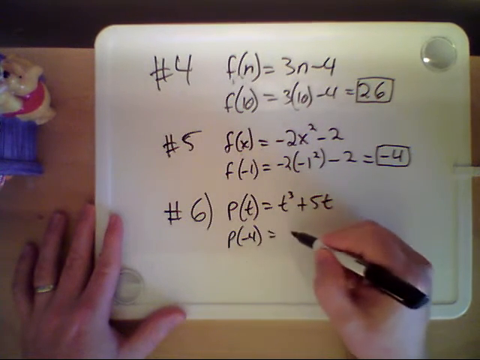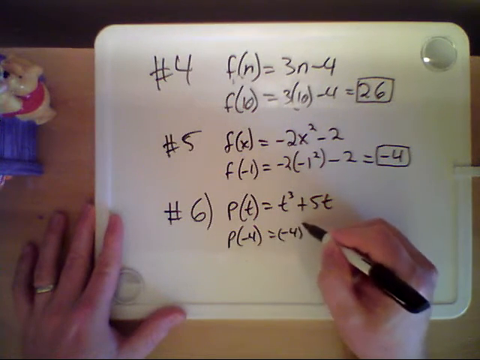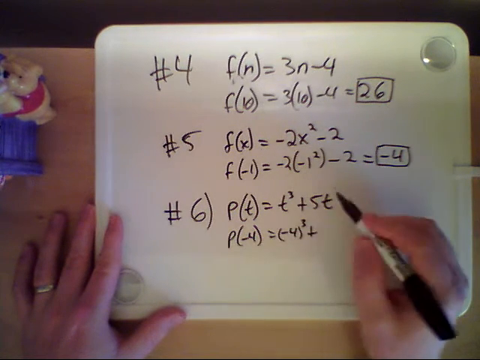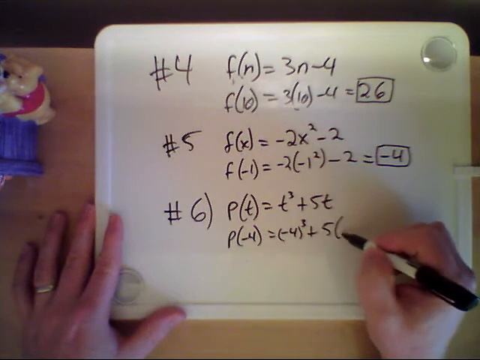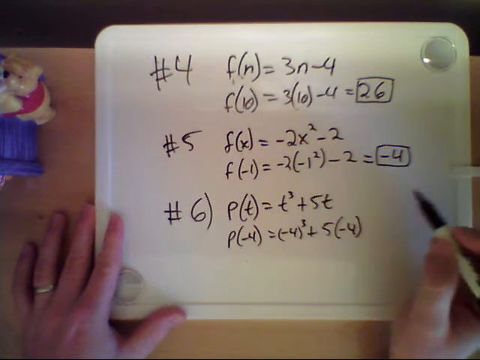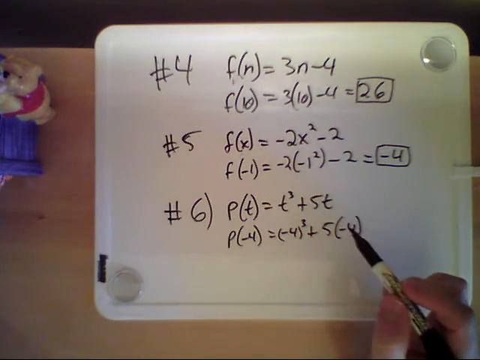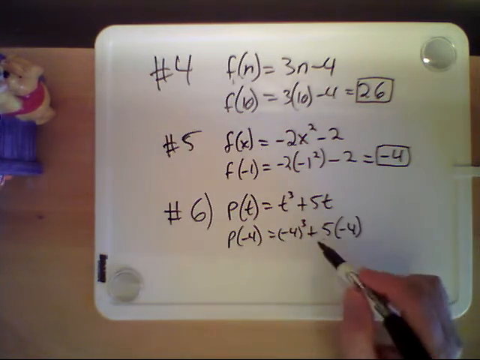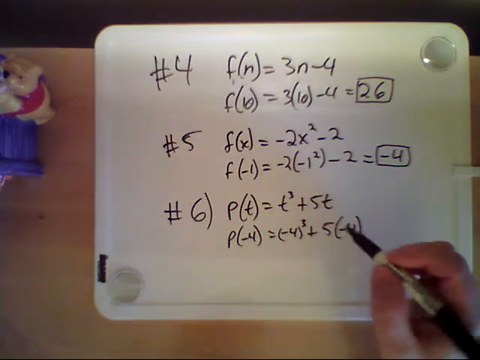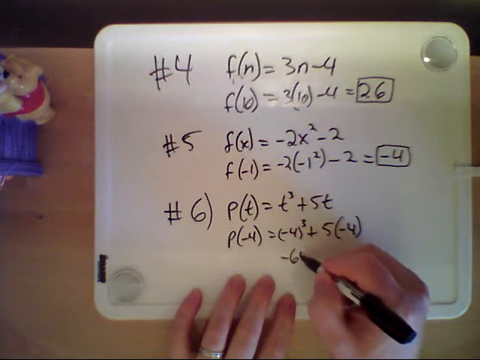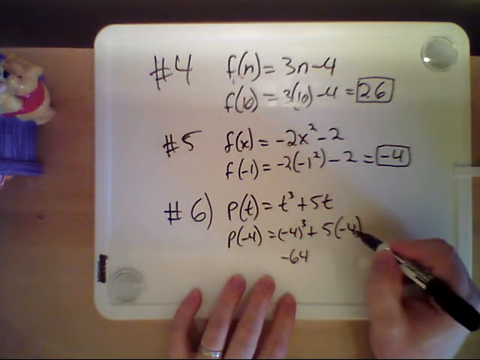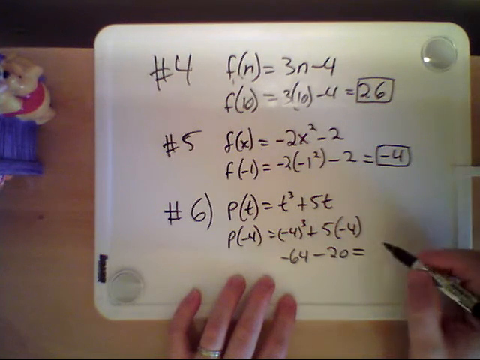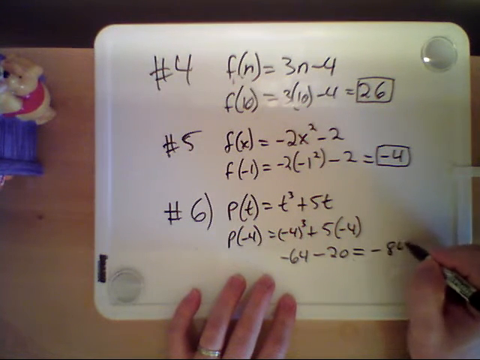Okay, so it's going to be negative 4 to the third plus, now whenever we see a t, we're going to plug in this negative 4, so it's going to be 5 times negative 4. Negative 4 to the third, well, negative 4 times negative 4 is 16, and then 16 times negative 4 is going to be negative 64. And then 5 times negative 4 is going to be negative 20. And that all equals negative 84.